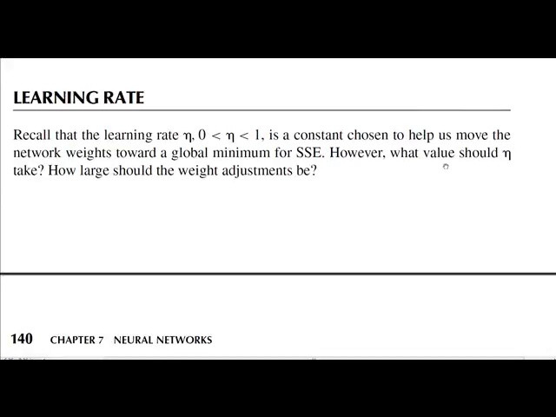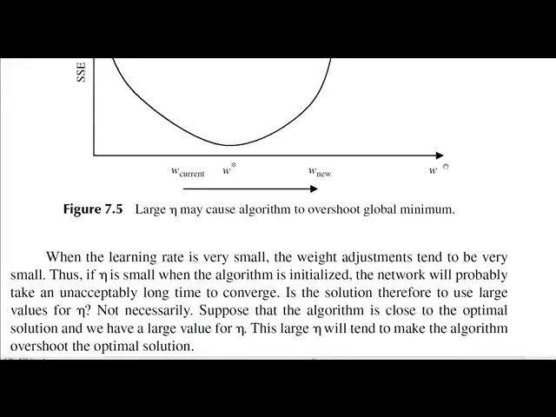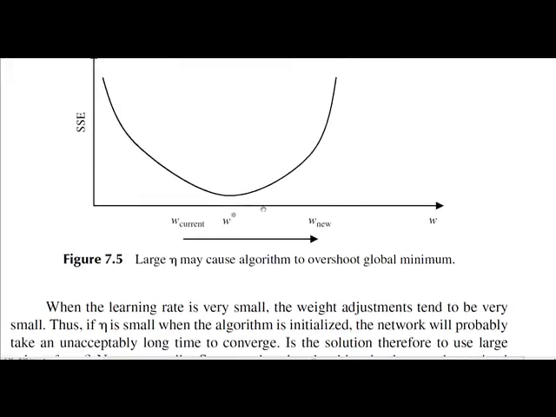We talked about it, eta, and how large the learning rate should be. And here it says large eta may cause the algorithm to overshoot the global minimum. And you can read through this. This would be called the global minimum here.